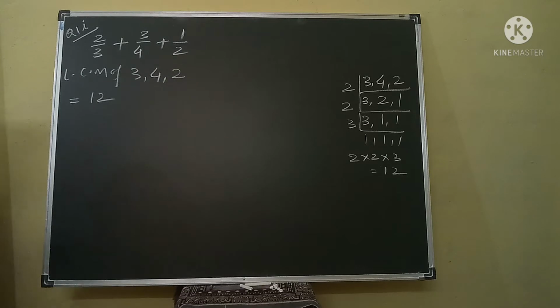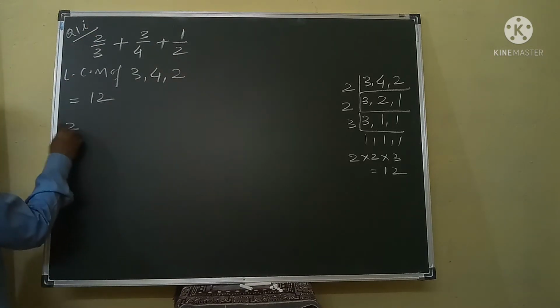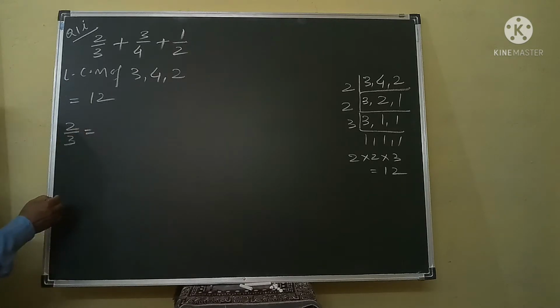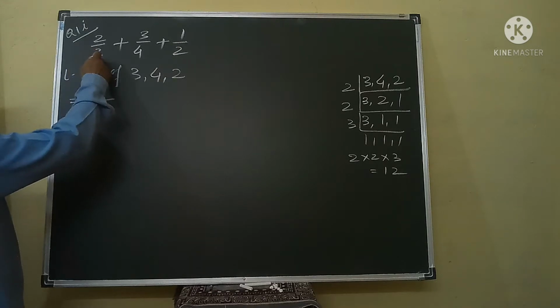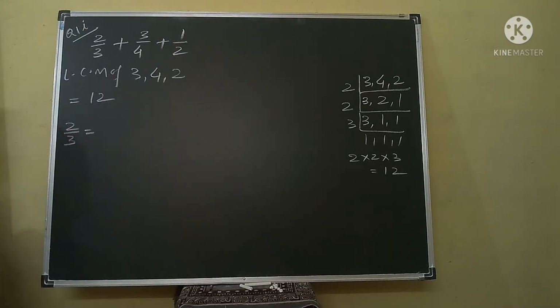Okay. Then after, what will we do? In the first fraction 2 upon 3, as you are looking, the denominator is 3. And what will we do? Denominator 3 converted to 12.